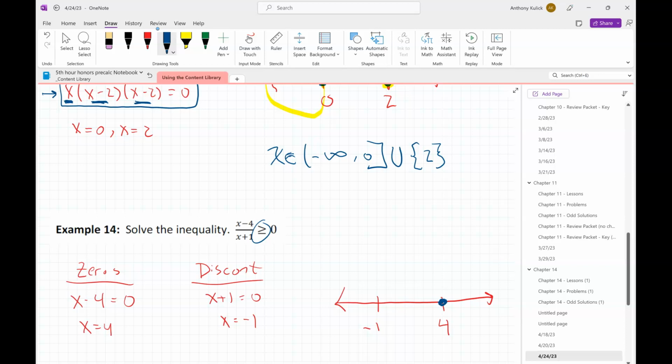Always open. Why? Because a discontinuity is not part of the domain. Any discontinuity, regardless of whether it's an "or equal to" or not, is going to be an open circle because discontinuities are like an asymptote. There's no value there, right? Those will always be open.